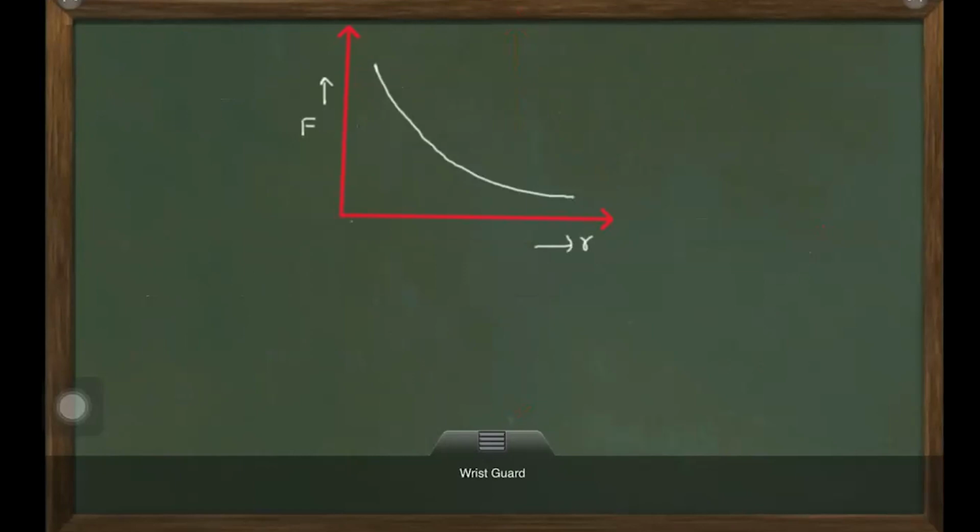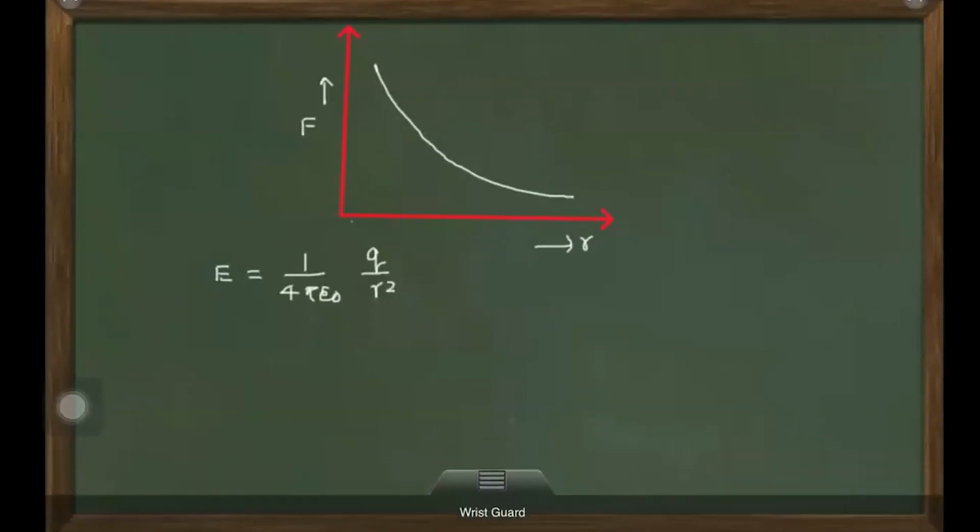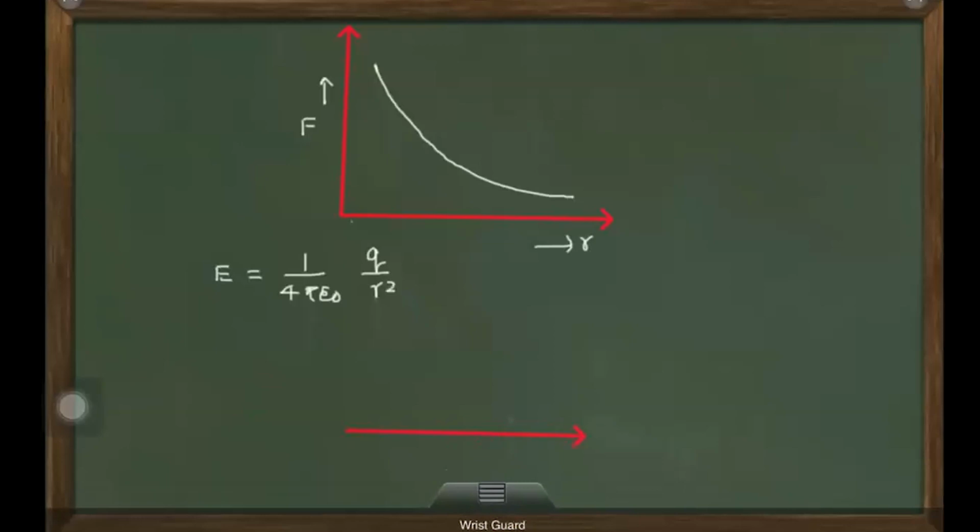Now for the electric field due to a point charge, the formula is 1 by 4 pi epsilon naught, q divided by R square. So the same nature of graph: here will be R, here will be E, and your graph will be the same way.